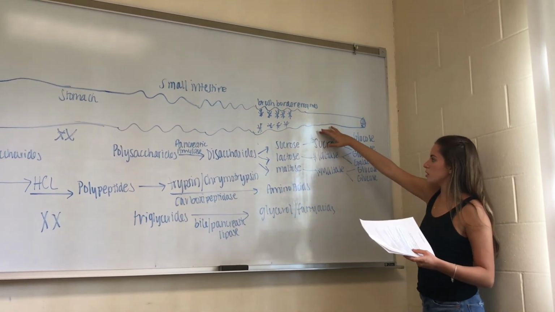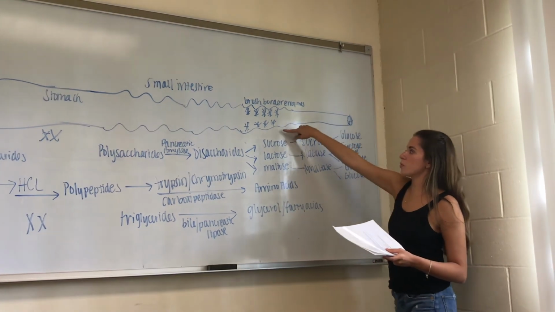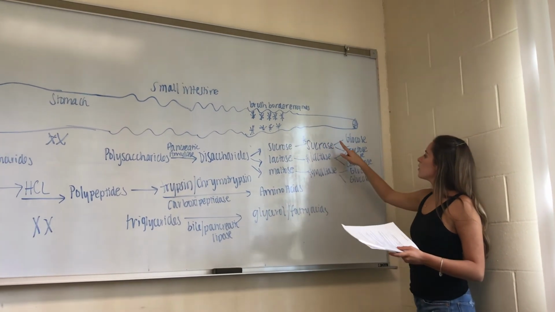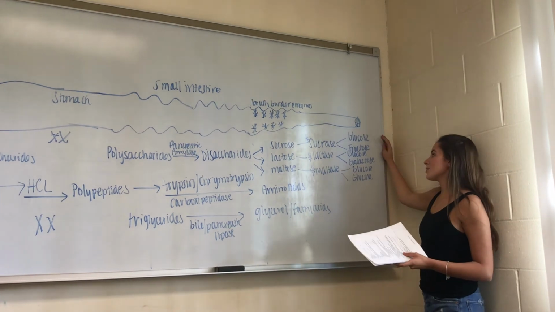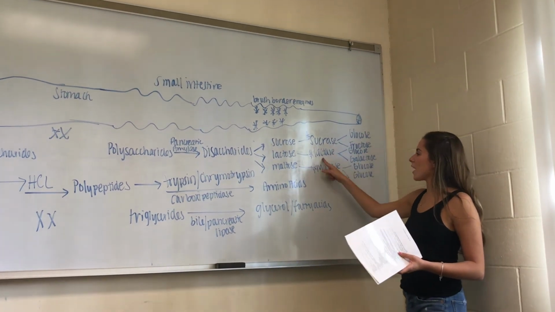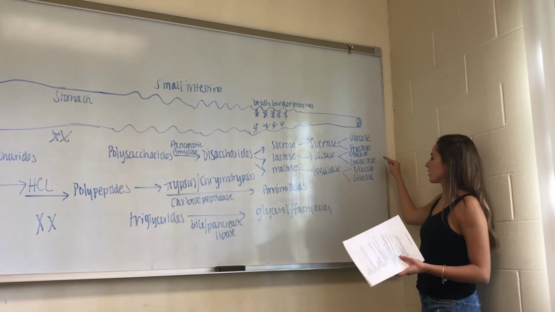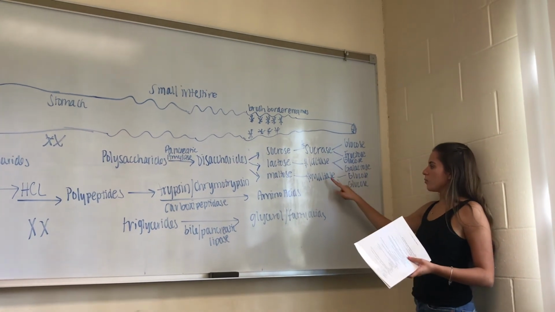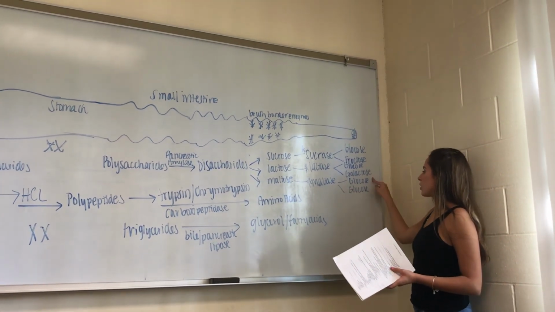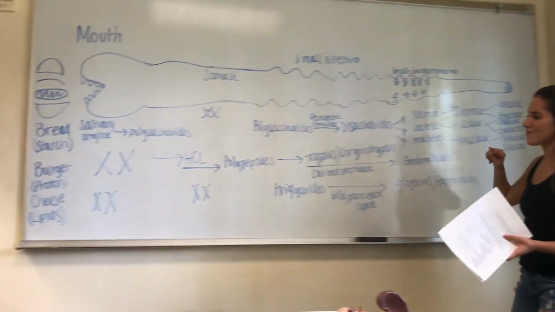Sucrose is broken down by sucrase, one of the brush border enzymes, into glucose and fructose. Lactase turns lactose into glucose and galactose. Maltase turns maltose into glucose and glucose.